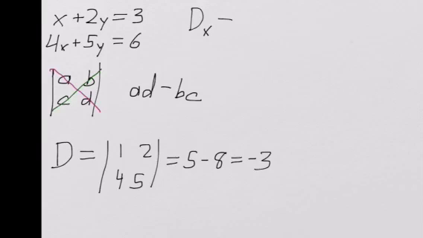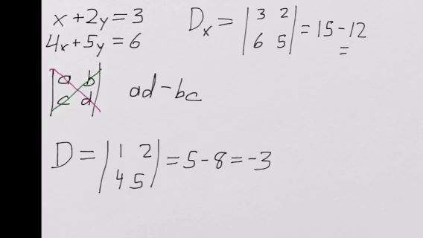D sub x. I'm going to replace the coefficients on x with the constants, so that will make the matrix 3, 6, 2, 5. So the determinant's now going to be 3 times 5 is 15, minus 2 times 6 is 12. So that's 3.